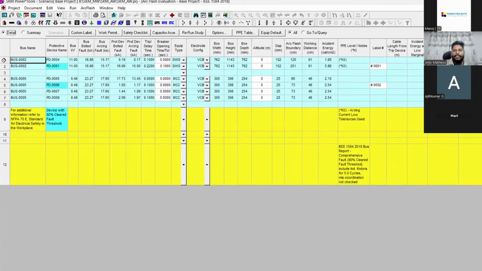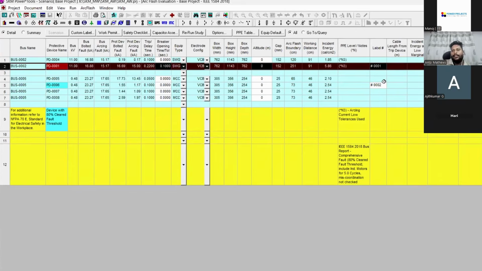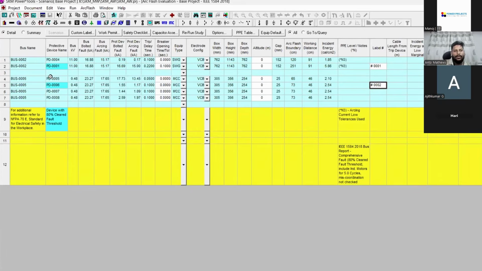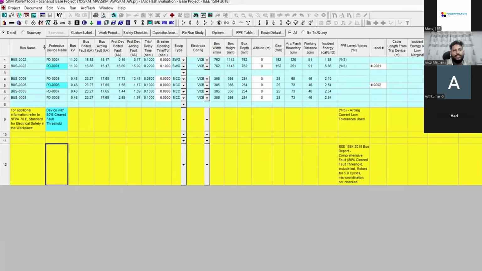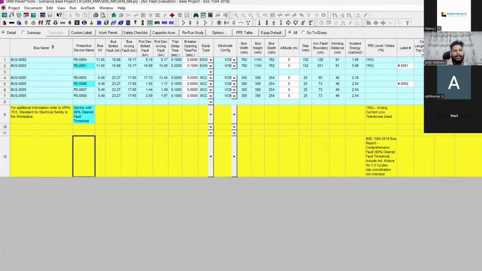So you can find these data. We have two buses. So let me show the bus data over here. This is from the SKM only, we cannot zoom on it.